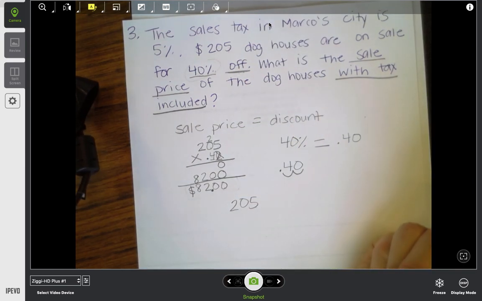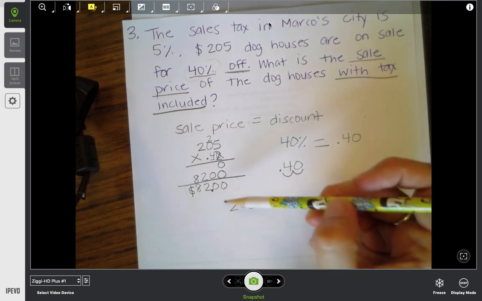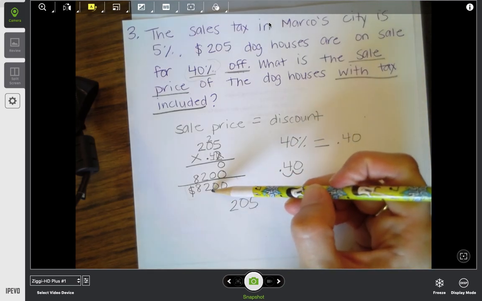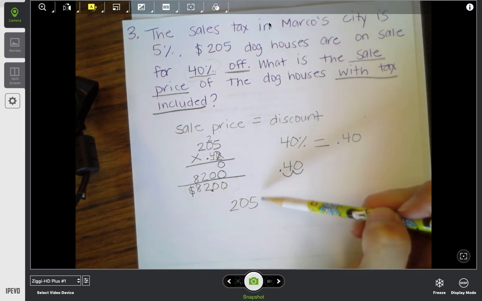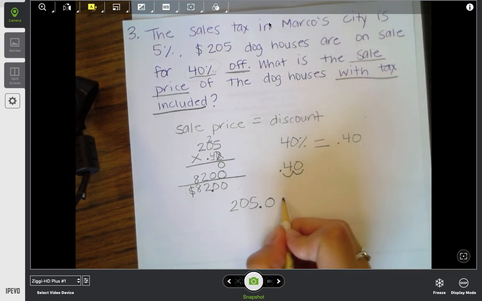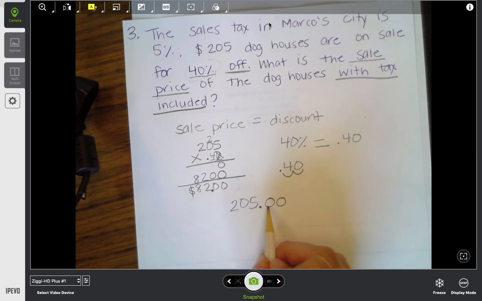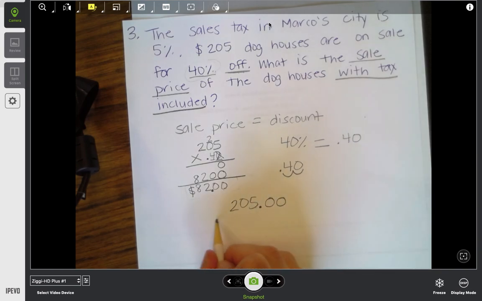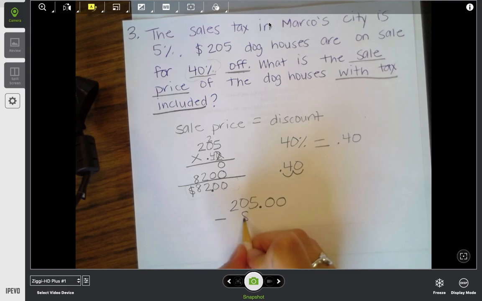Some of you were getting tricked on this. So my discount has a decimal in it. This didn't have a decimal, but I can put one right here, because it was $205 and no cents. I'm going to subtract my discount, which was $82.